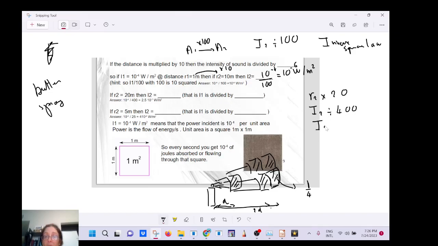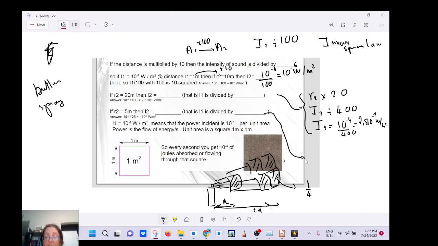So I2 is going to be 10 to the negative 4 divided by 400. That's going to be, so 1/4 is 0.25, and you have a 10 to the negative 6, so it's going to be 2.5 times 10 to the negative 7 watt per meter square. So that's going to be the answer here.